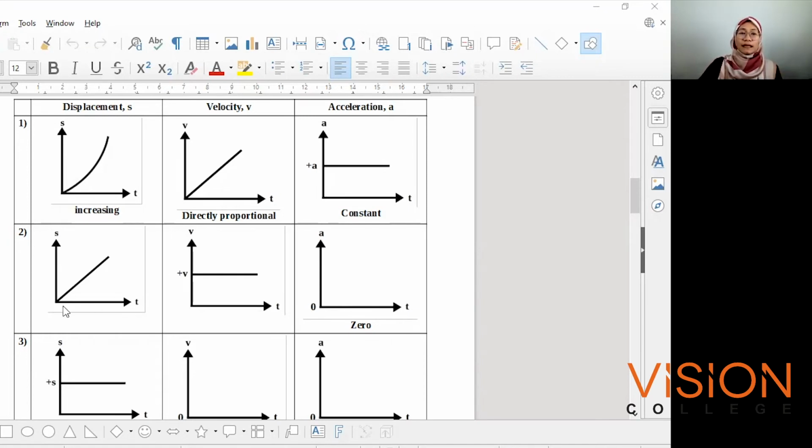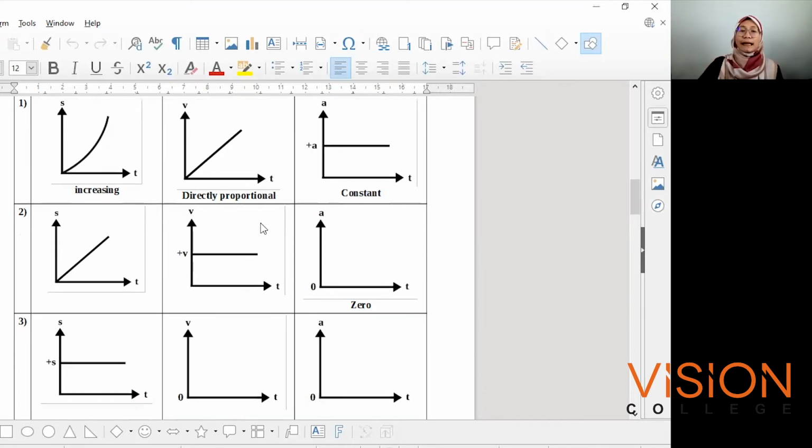Okay, so as you can see here, by looking at these 9 graphs, we can see that there is a pattern. If it's directly proportional, the parameter after it, which is the acceleration, will be constant. Before it, it will be increasing. And after a constant graph, it becomes zero. The same thing as this one.